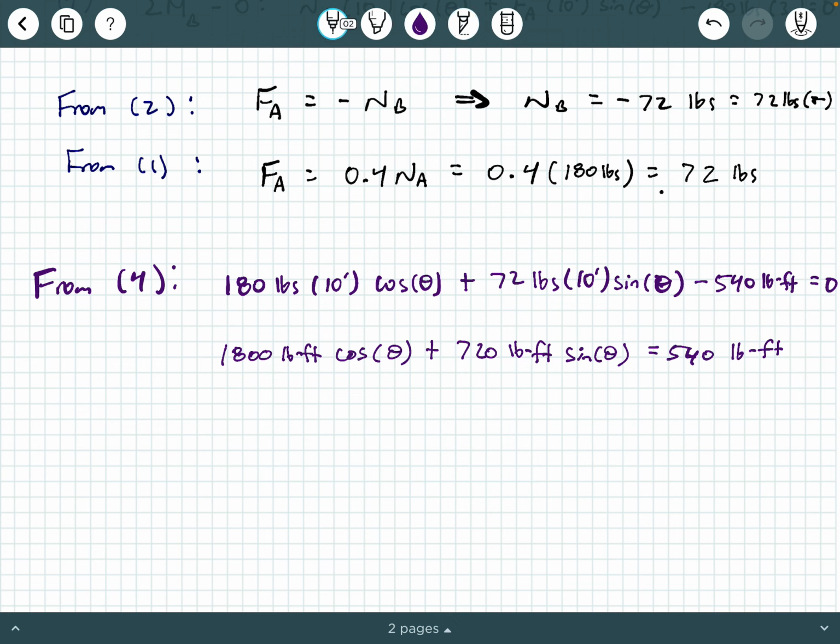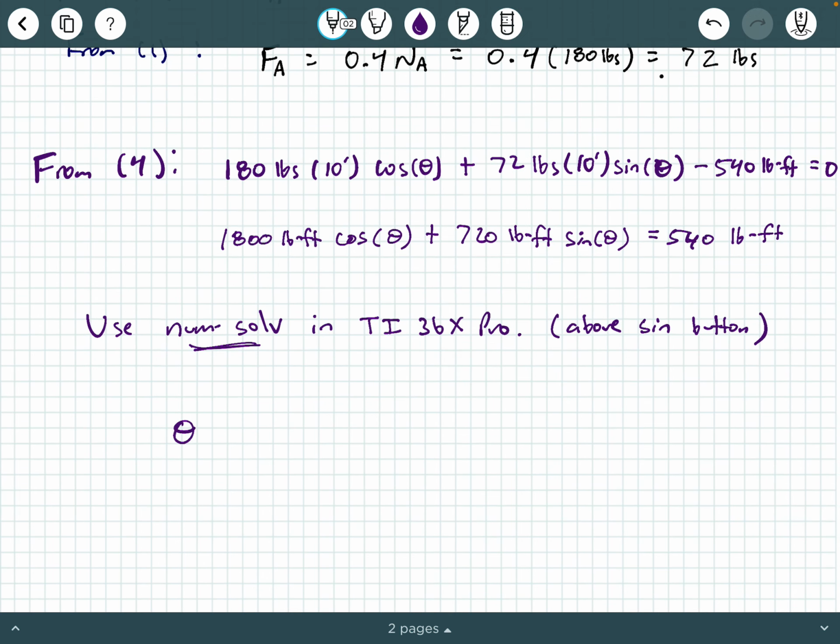So what I ended up doing was I used num-solve on the TI-36X Pro, and this num-solve is above the sine button. It's in blue on that calculator, and so when you do that, you'll solve for theta, and I get theta equals 52.5 degrees. And so that's the answer that the problem is asking for.